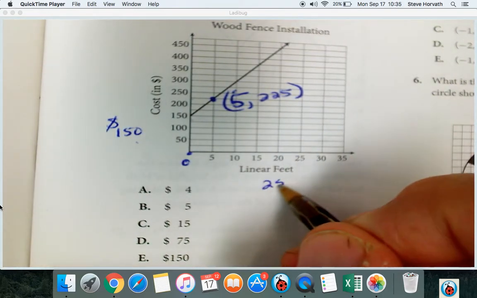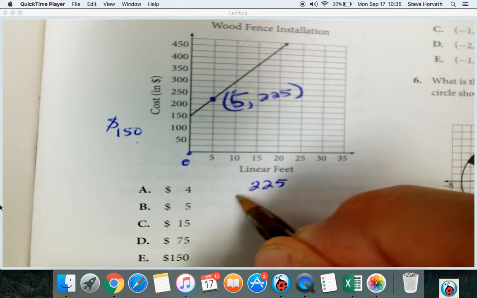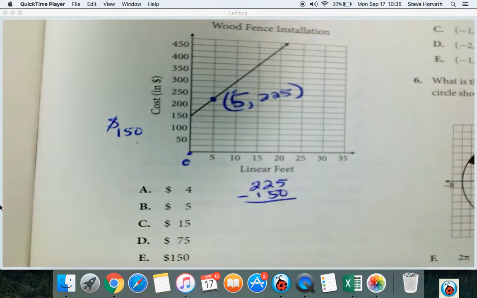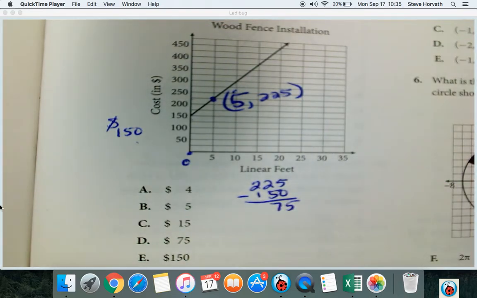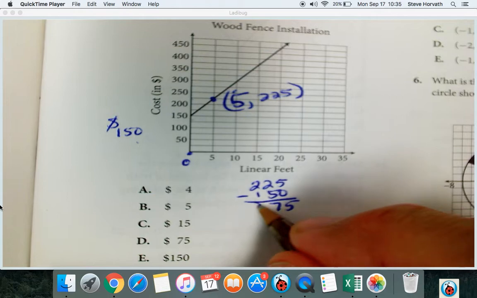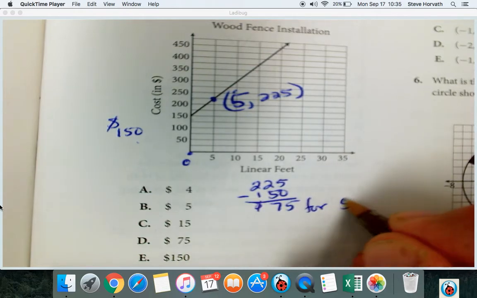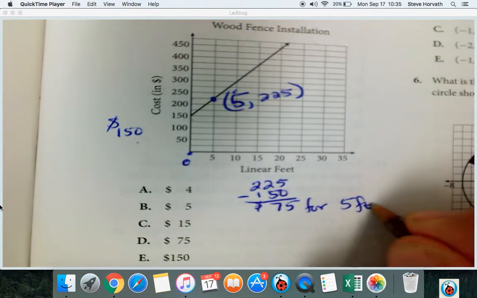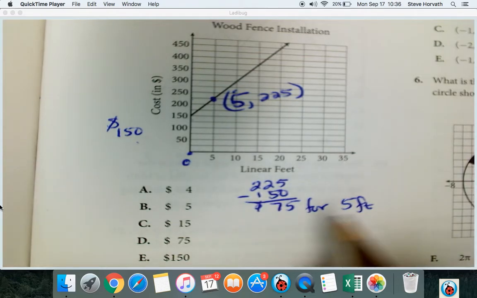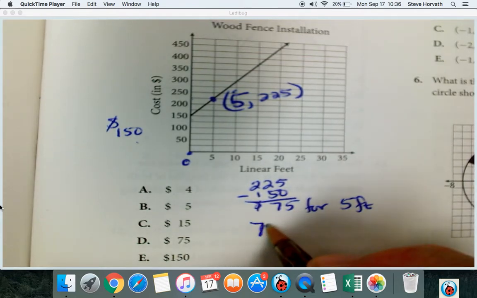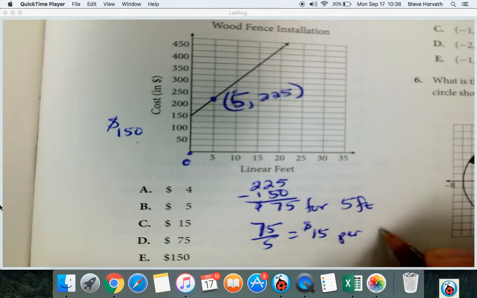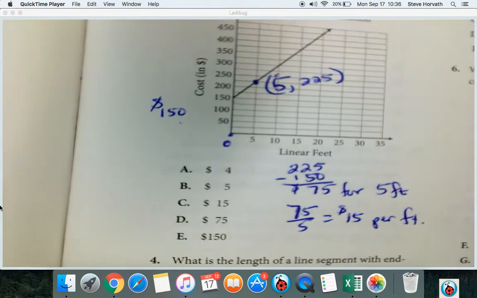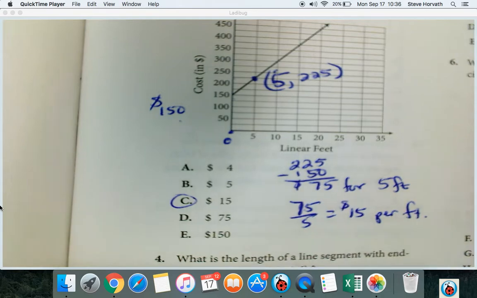Well, remember that $225 includes the $150 flat installation fee. So if we subtract that off, that's $75. So now we know it's $75 for 5 linear feet. Well, if it's $75 for 5 linear feet, then 75 divided by 5, which is $15 per foot, which gives us answer choice C.